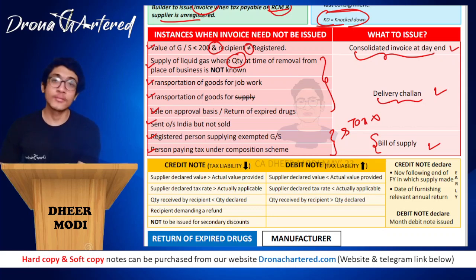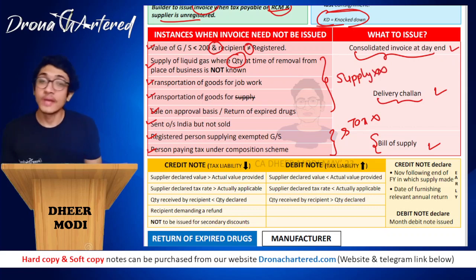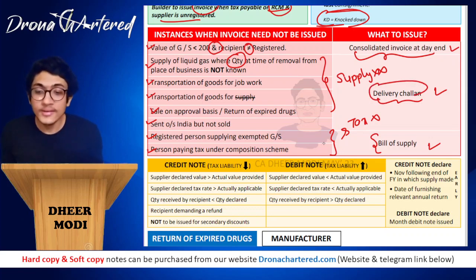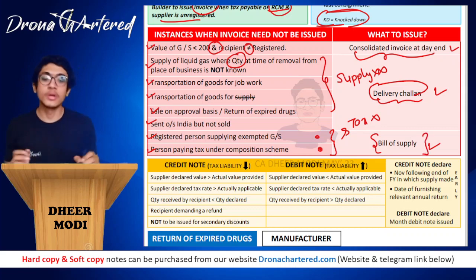Understand why we are giving what type of document. All of those transactions were not supply at all. Therefore, you cannot even issue a bill of supply. What you have to give is a delivery challan. However, these last two transactions that we studied are actually supplies. These are supplies, but you are not allowed to charge tax on them. Therefore, you cannot issue an invoice and you will have to issue a bill of supply.